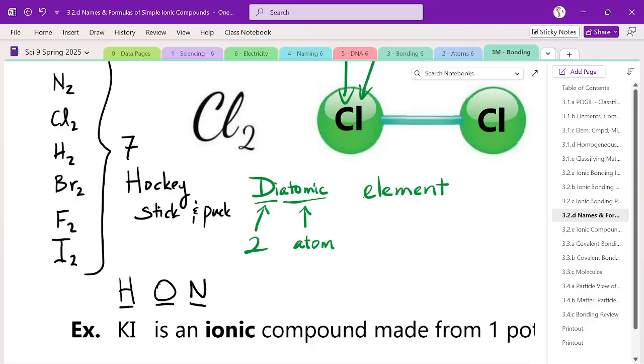H-O-N, Halo Jen. So if you know who the halogens are, group 17, you're good to go.